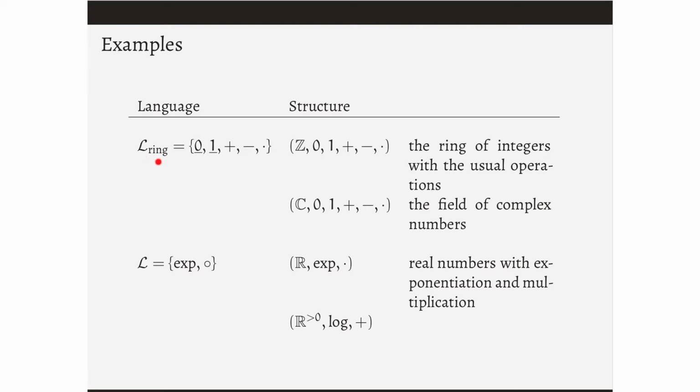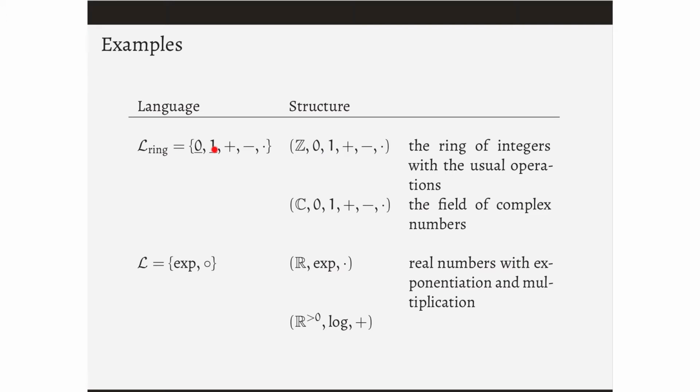Let's start with the language of rings. So 2 constant symbols and then 3 binary function symbols. And a structure over that language would be, for example, the integers with 0, 1, right? So we interpret the constant symbol 0 as just the integer 0.